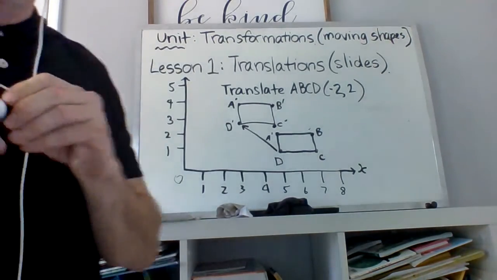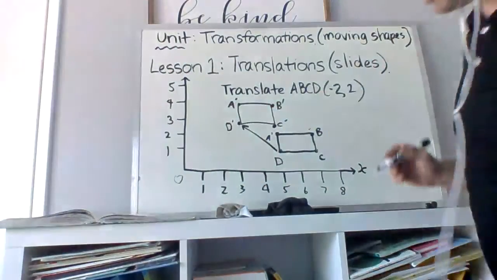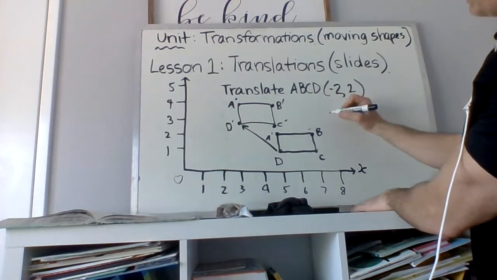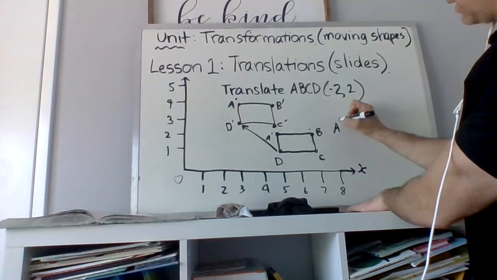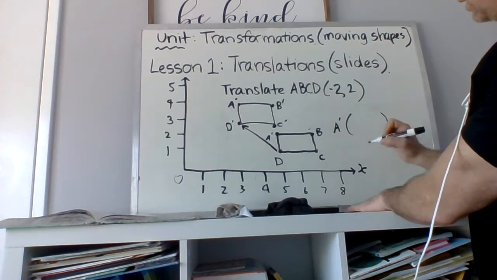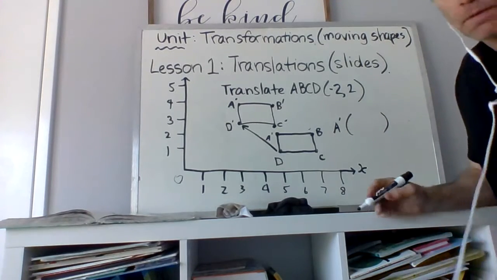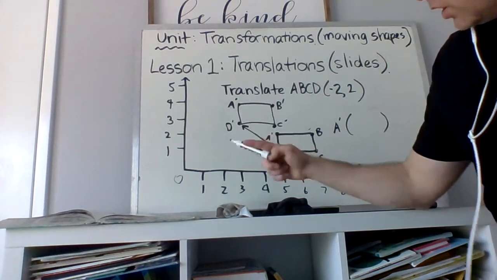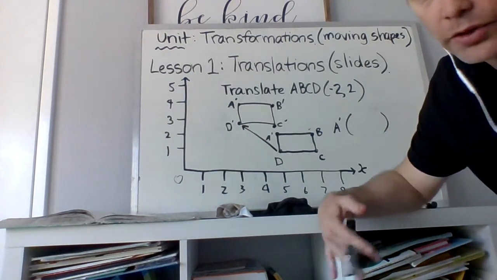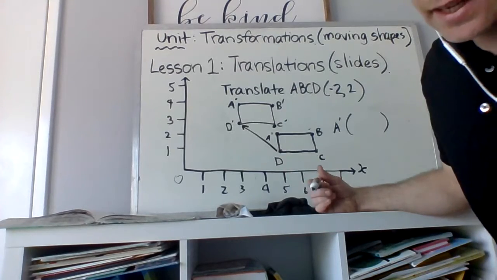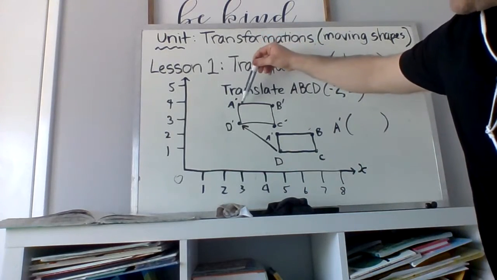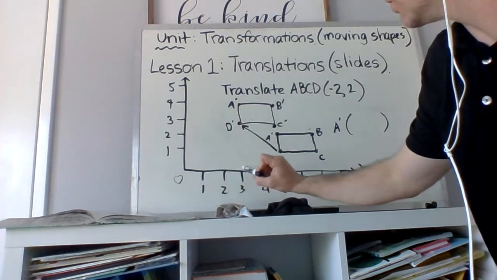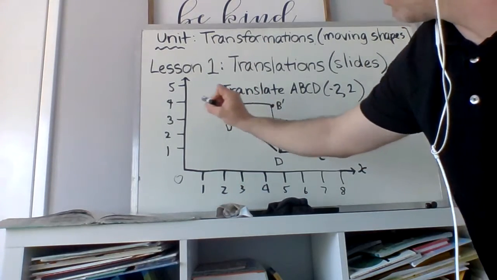So my question is, what are the new coordinates for A? You go to your new A, your translated image A, and we would say 1, 2, 3, 4.